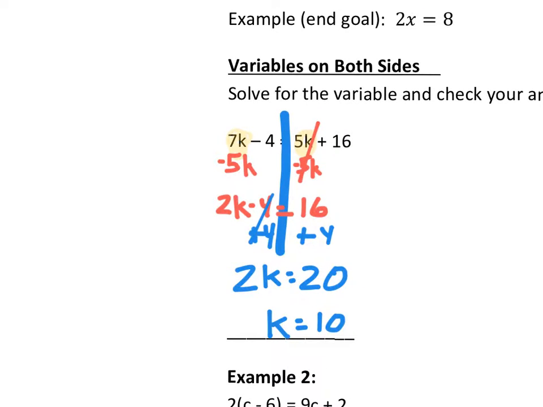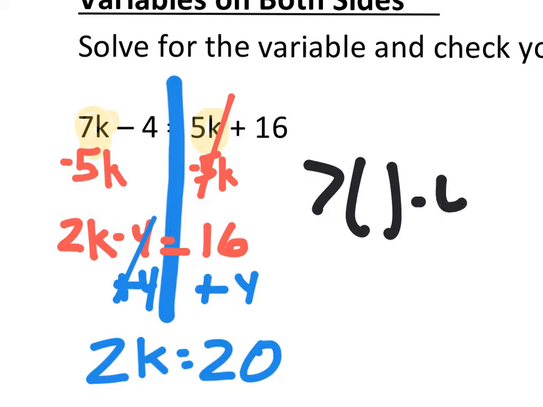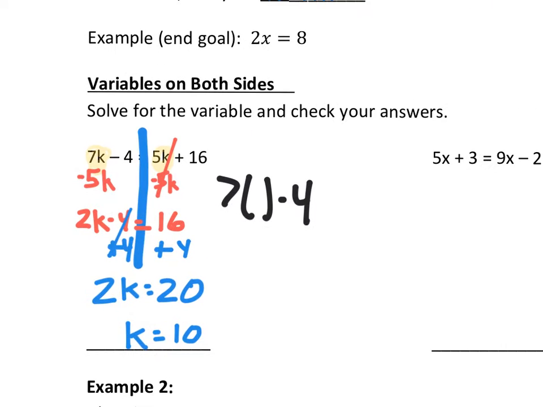Now, since this was the first one that we did with variables on both sides, I am going to go back and have us check it. We check it in the same way as we would check any equation. You go back to the original equation, except you leave yourself some space to plug in the number that we solved for. So it's going to look like this: 7k minus 4.